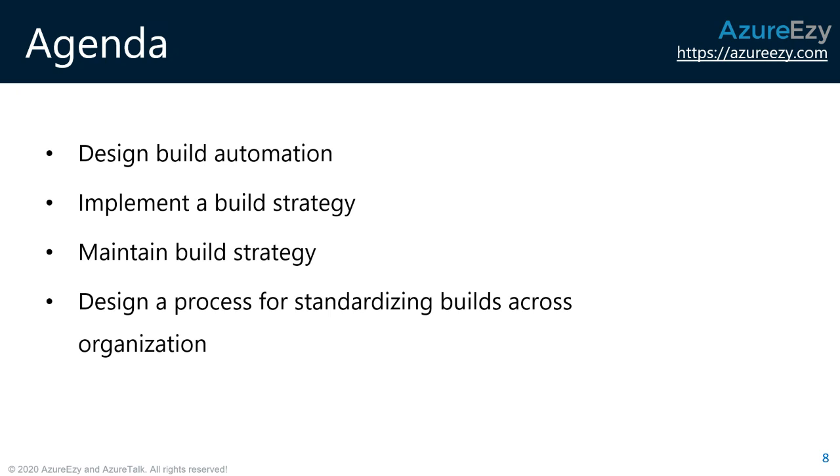What tools and best practices are there, so that whenever you do a proof of concept for implementing a build strategy or look into its maintenance, you can standardize it within your organization.